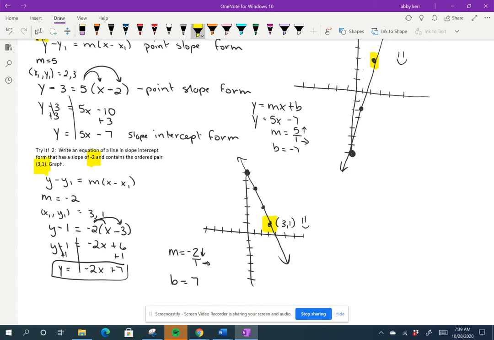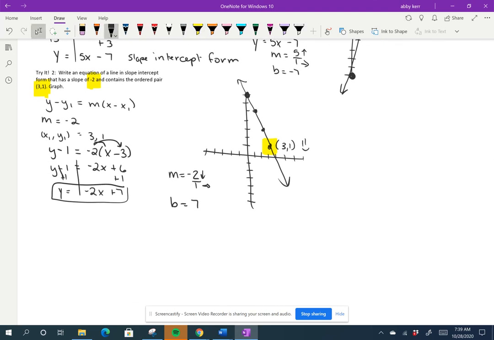Now, one thing that I do want to mention, if I give you a problem that says write an equation in slope-intercept form, and I give you an m of, let's say, negative 1, and then I give you an ordered pair that's -3, 2.